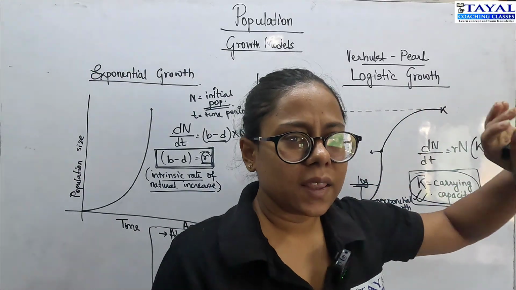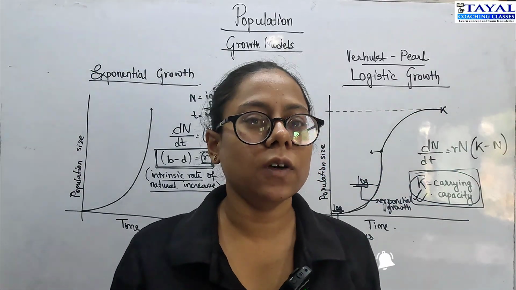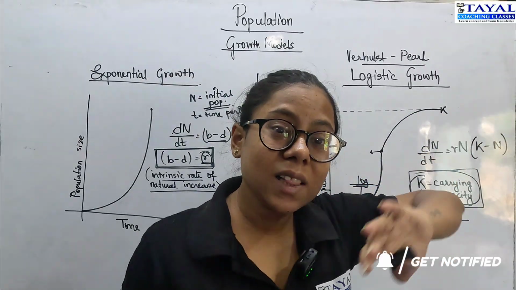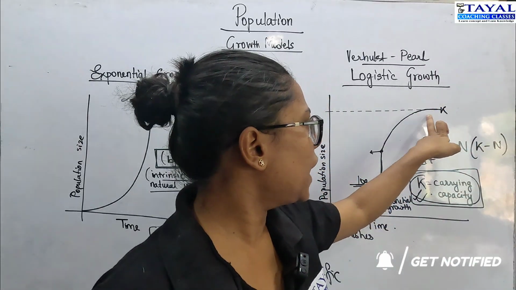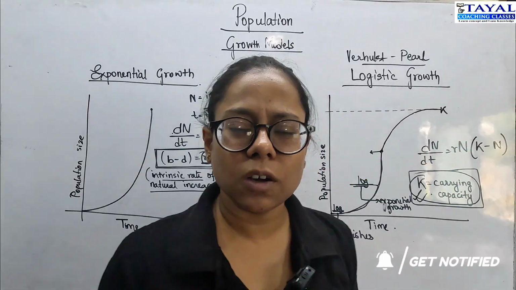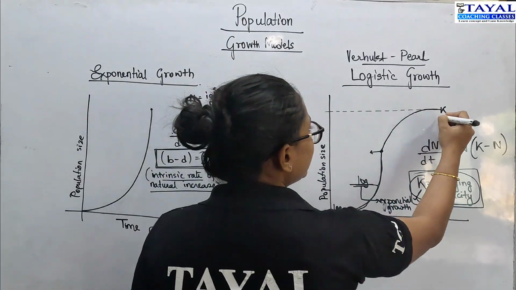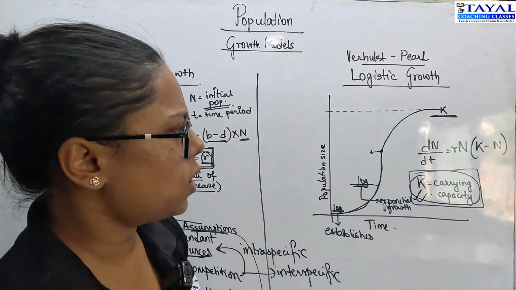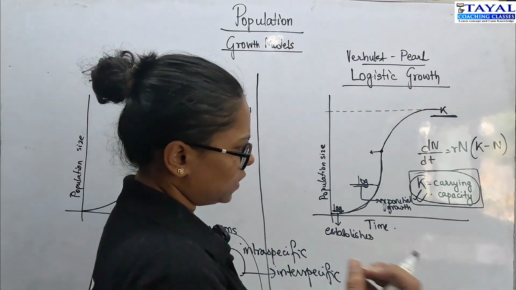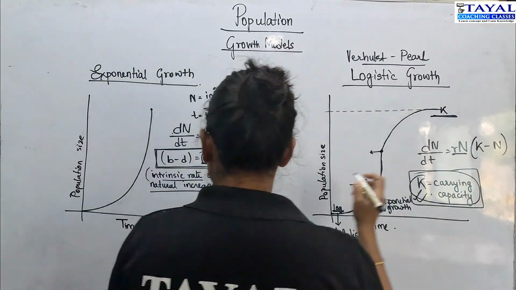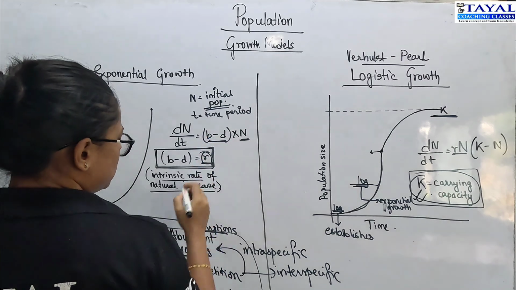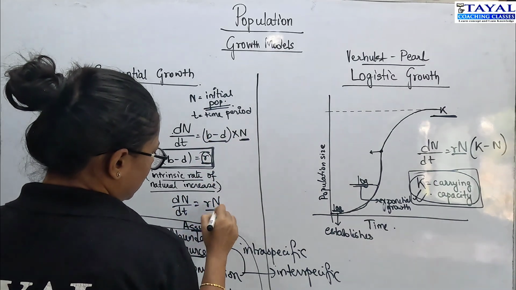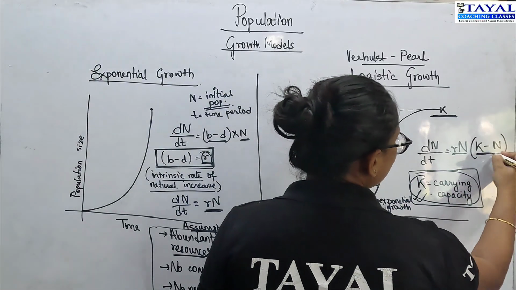From here on, there can be a sudden crash if the resources are completely depleted, or it will plateau itself till the resources replenish, and it can have another similar curve going up. So that is your carrying capacity, and therefore if we incorporate the carrying capacity into our basic formula, then dN by dt is equal to RN, but now we also consider K minus N.